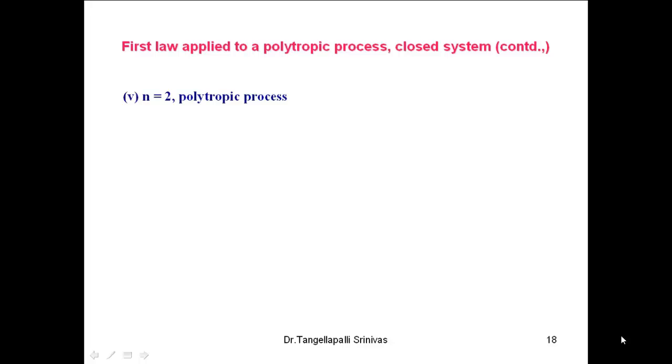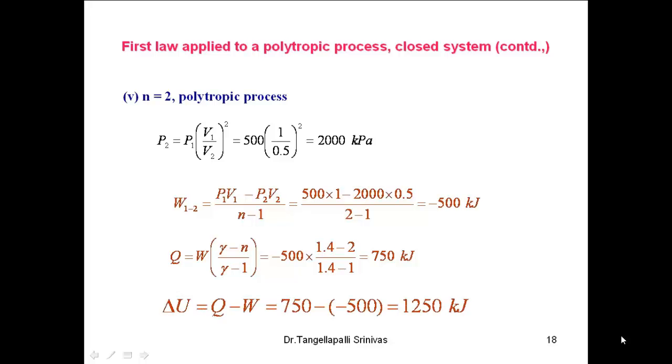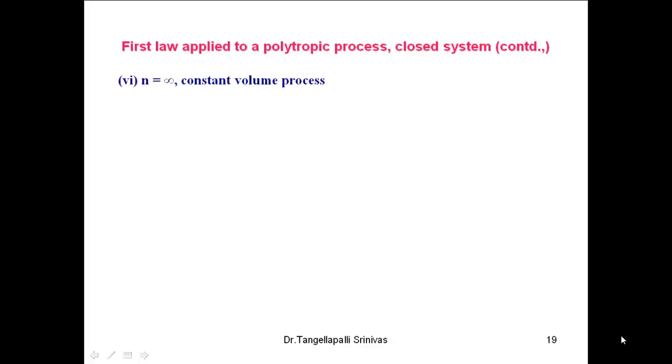For the next case, n is equal to 2, for example, this is a polytropic process. The final pressure is 2000 kilopascal. The work is minus 500 kilojoules. Q is minus 750 kilojoules. Delta U is 1250 kilojoules. The last case, that is n is equal to infinity, this becomes a constant volume or isochoric process.